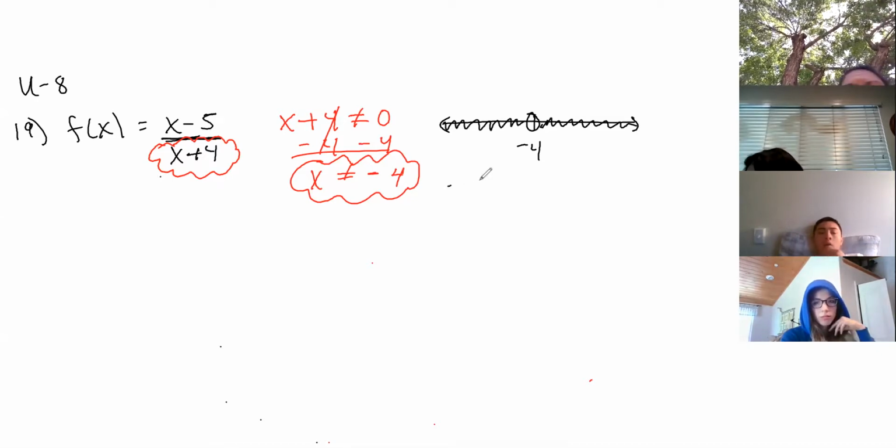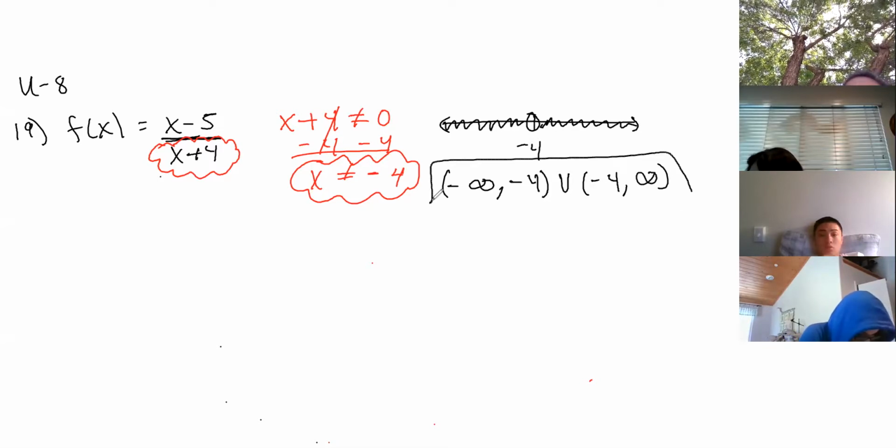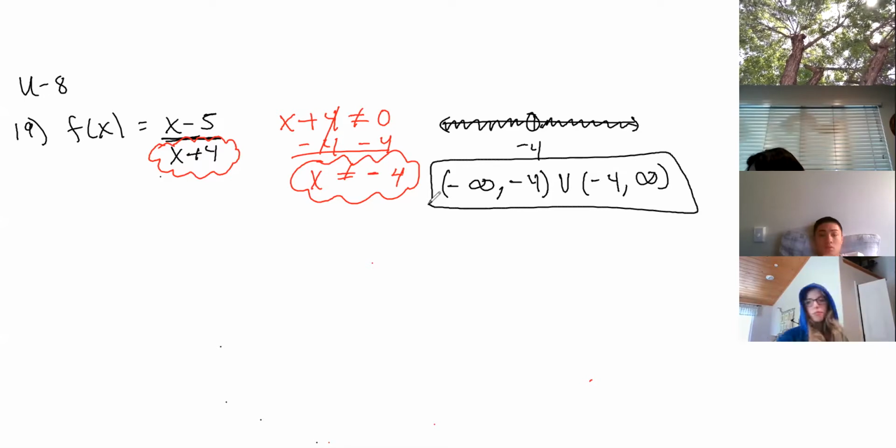I'll start you off: negative infinity to -4, parentheses, union, -4 to infinity. Good. And it's parentheses because that -4 has an open circle. If we put brackets, that means it's included, and it is not. Does that make sense? Yes.